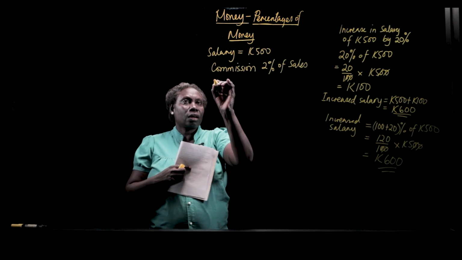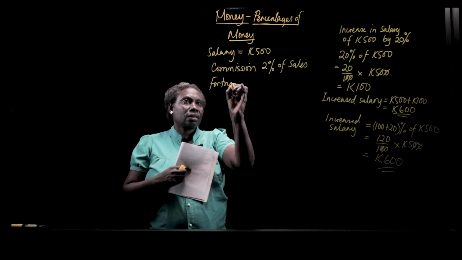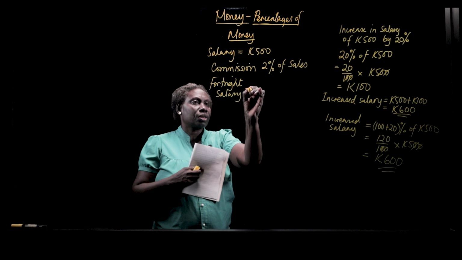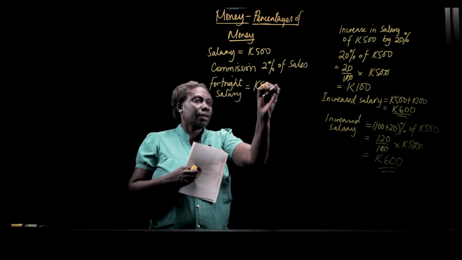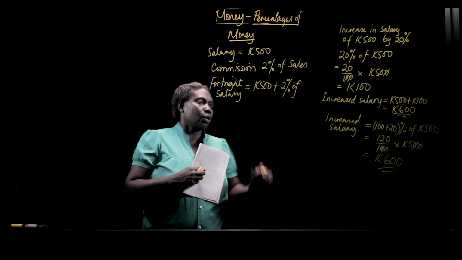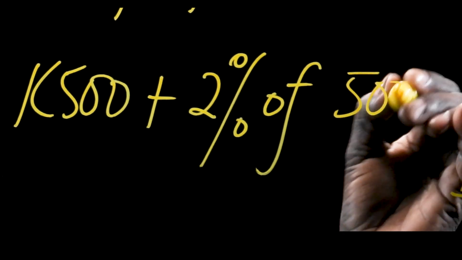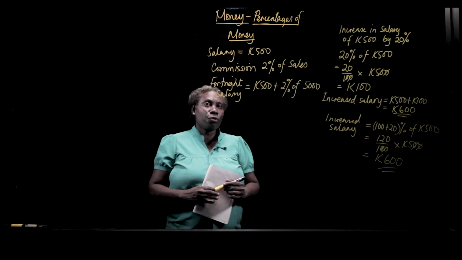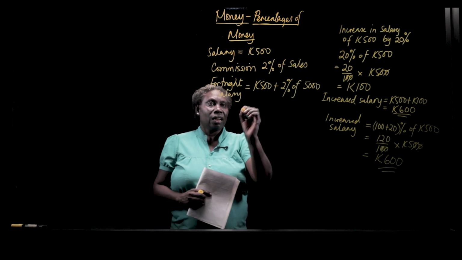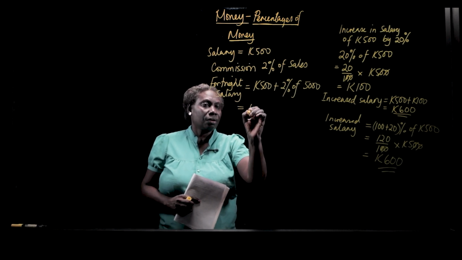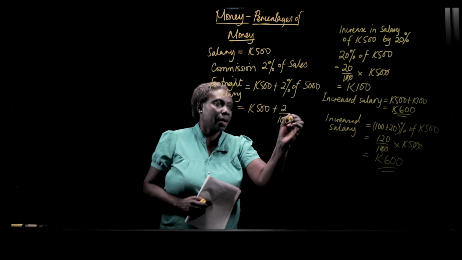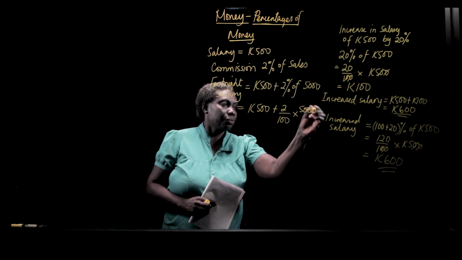So we are going to calculate his fortnight salary, which is equal to 500 kina plus 2% of sales. In a fortnight, he had made sales of 5,000 kina. So his fortnight salary will be 500 kina plus 2% of 5,000 kina. That is 500 plus 2 over 100 multiplied by 5,000.